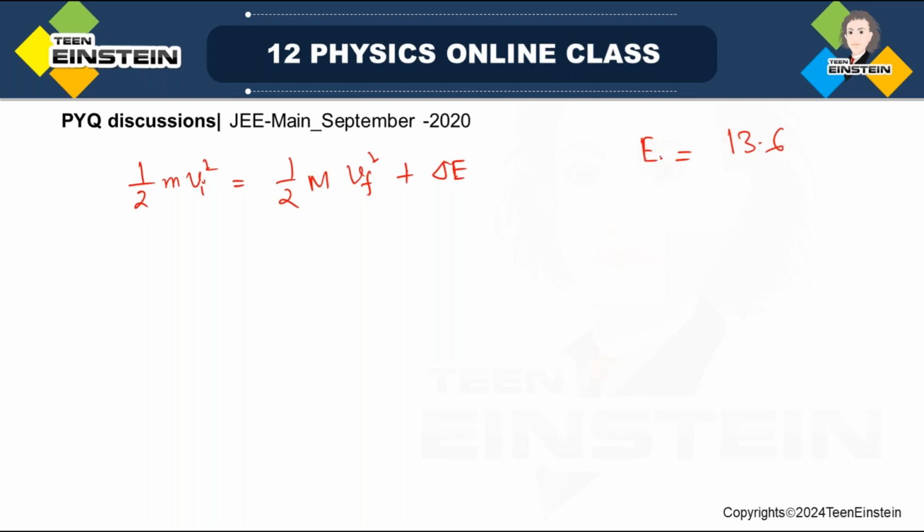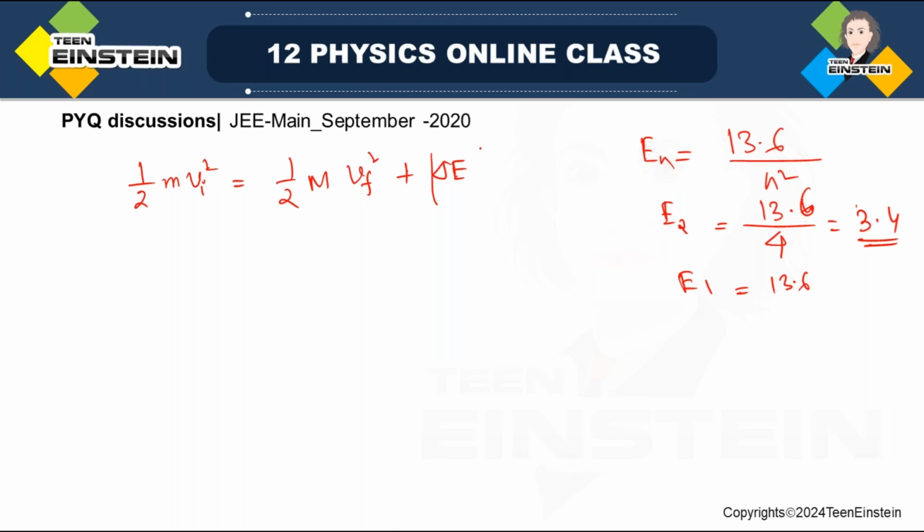Okay, so in general En will be 13.6 by n square. So E2 will be how much? 13.6 by 4, so this will give you 3.4. E1 is 13.6.